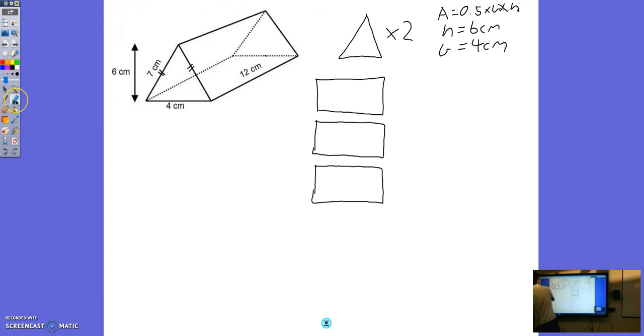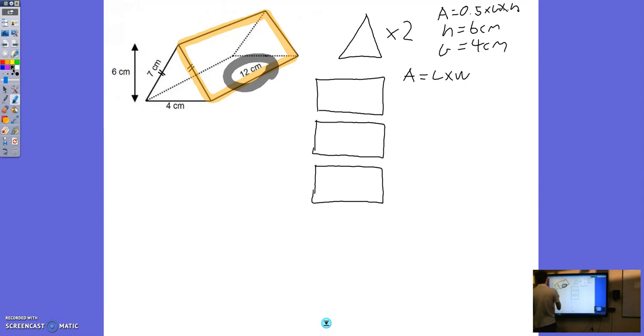We're going to pick a rectangle at random. Start anywhere you like. I'm going to start with this one. Now, remember, for a rectangle, we need the length and the width. So, area equals length times width. The length of this particular rectangle is going to be 12 centimeters.